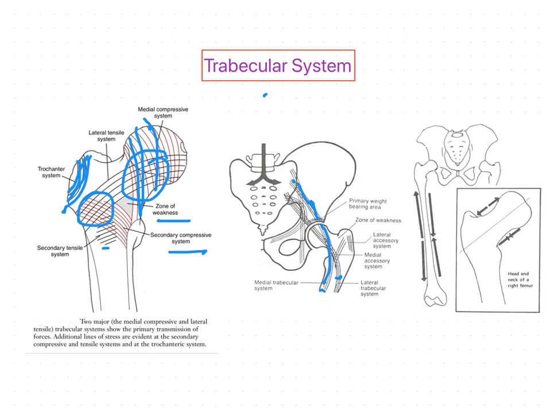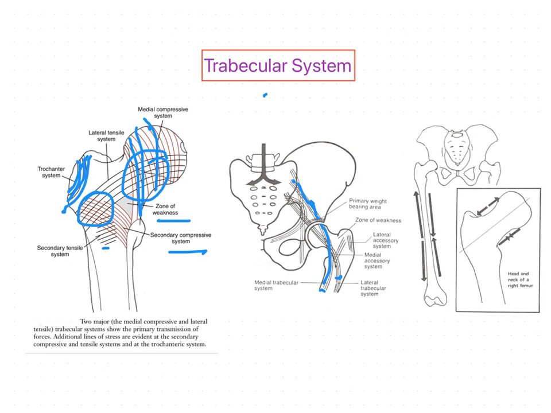Okay, so this is about the trabecular system, where all these medial and lateral trabecular systems are present, and we have also discussed the secondary tensile system and secondary compressive system, and the zone of weakness area.